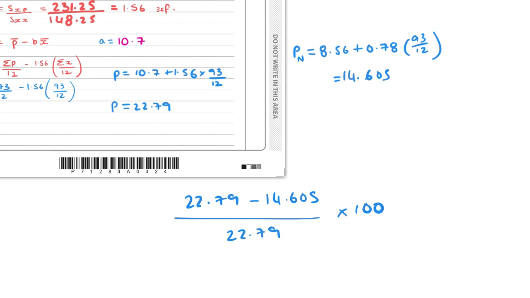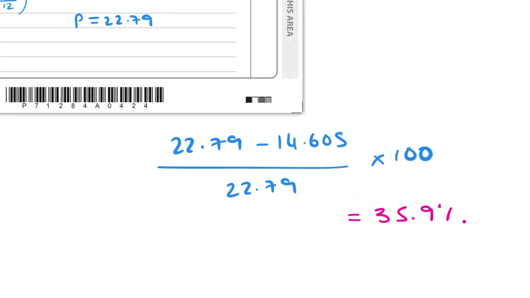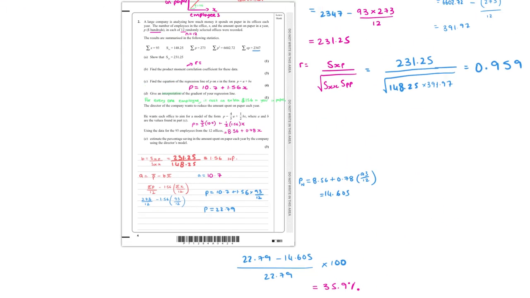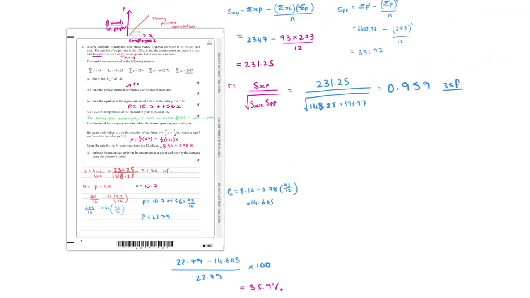Okay, I get 35.9%. Does it want it to anything? No. So we can leave it as 35.9% to three significant figures. Okay? Nice and easy question, really.